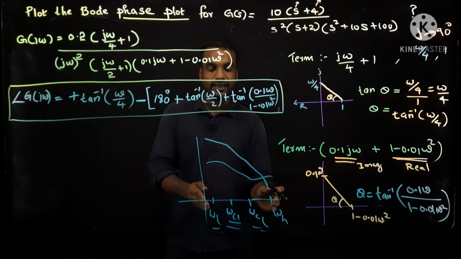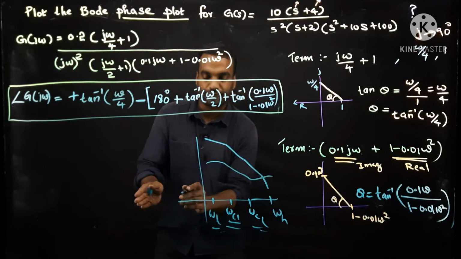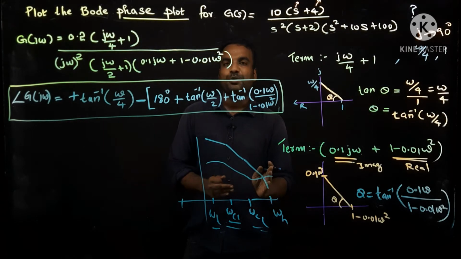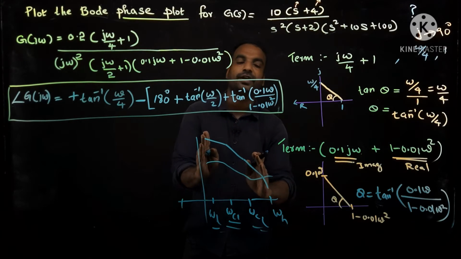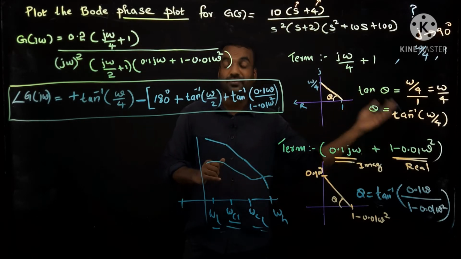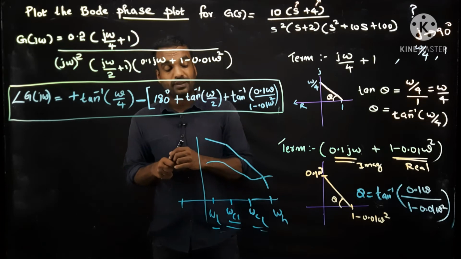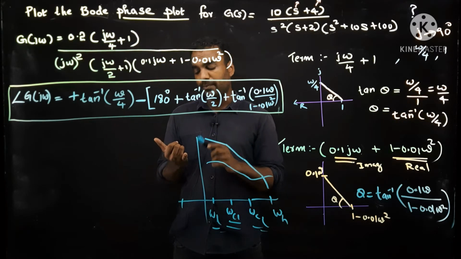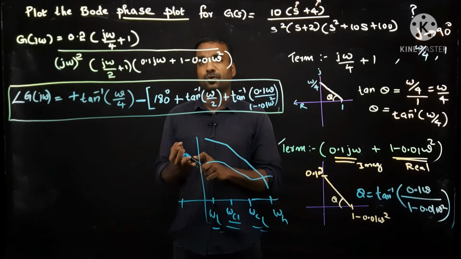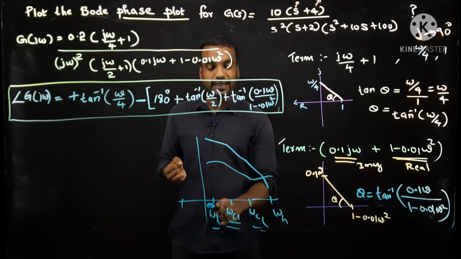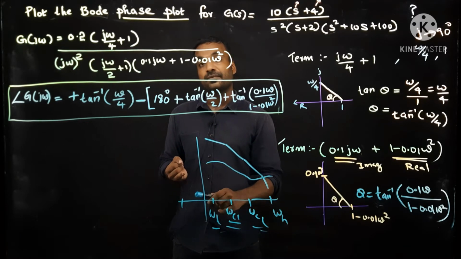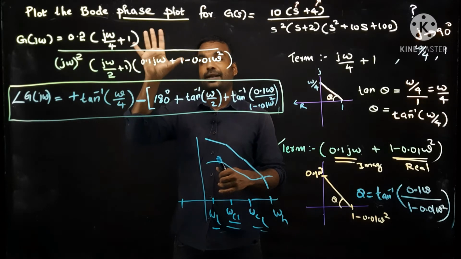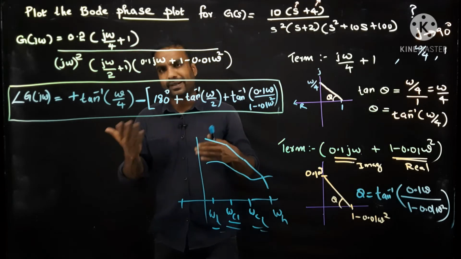Otherwise, if you take some point very left or very right, far away from these points, your magnitude plot will lie here and the phase plot will lie somewhere else. So in order to avoid that, take the same x-axis points. If you are drawing both magnitude plot and phase plot, you have to take the same omega points that you already took in your magnitude plot drawing. That will be better.